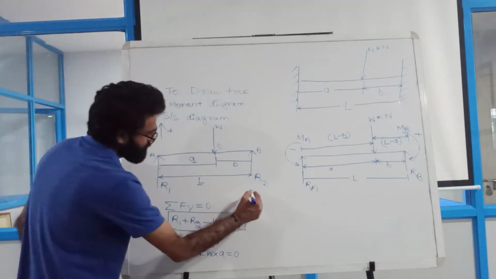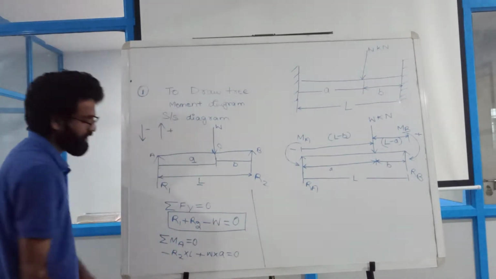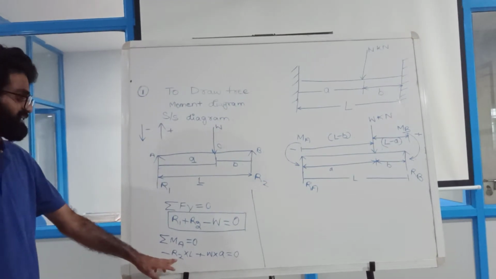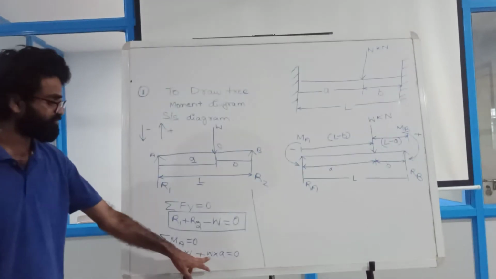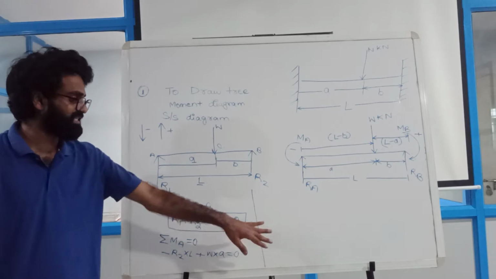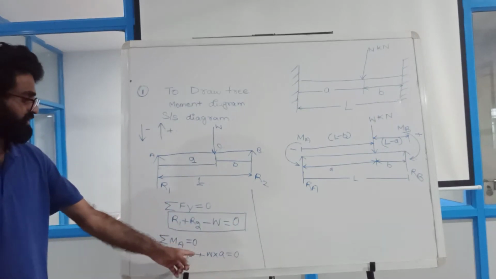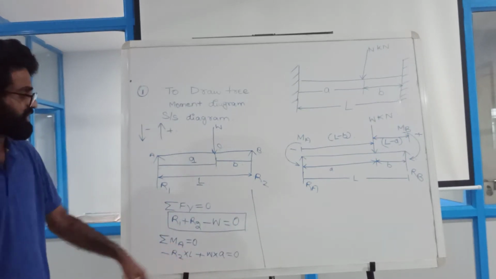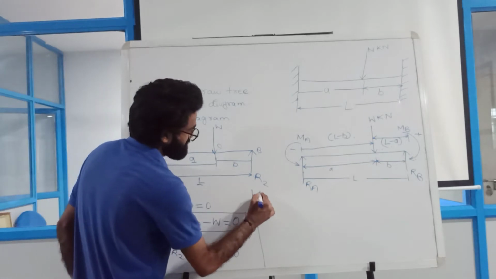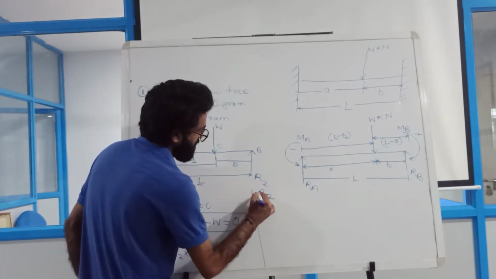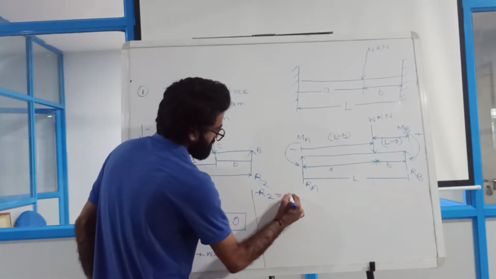If I solve this equation, what am I going to get? I am going to get the R2 value from here. I will keep this W into a on the other hand side, and take the R2 value. So minus R2 is equal to how much?